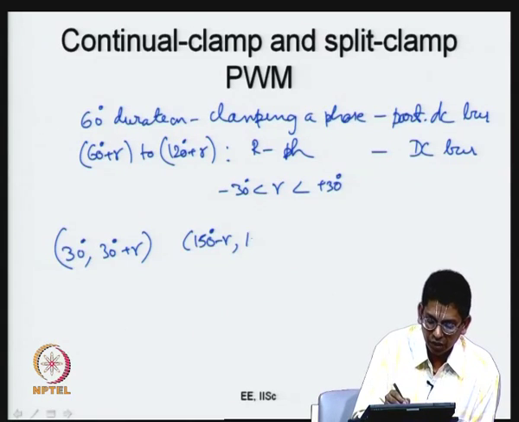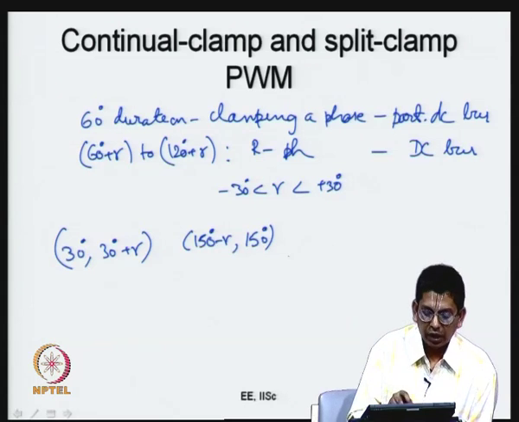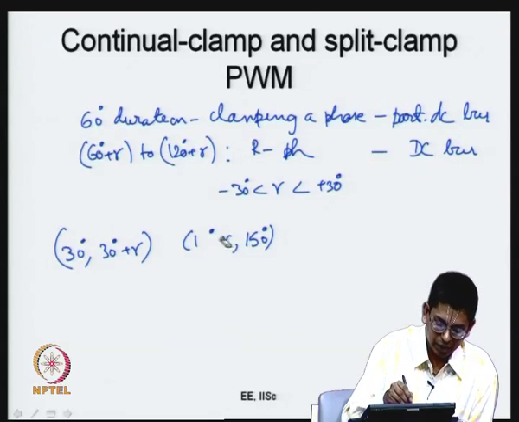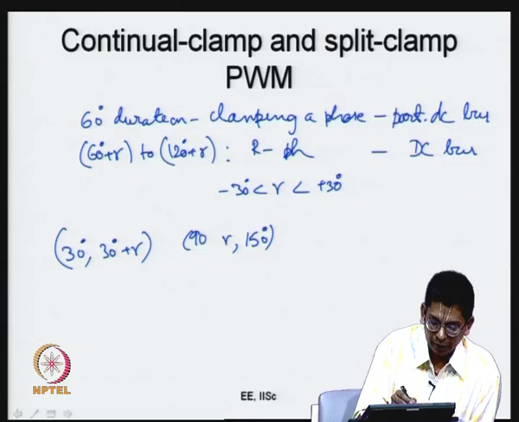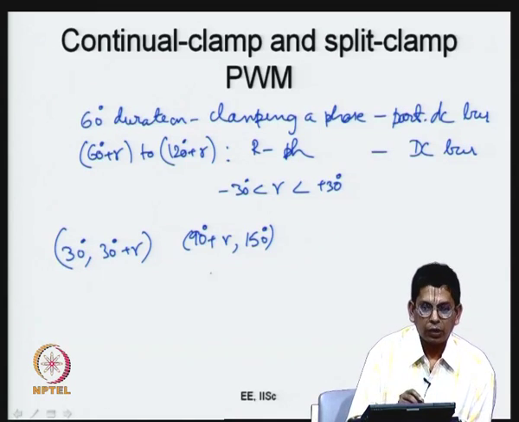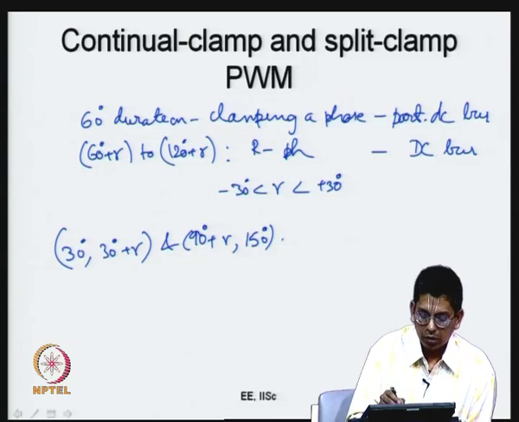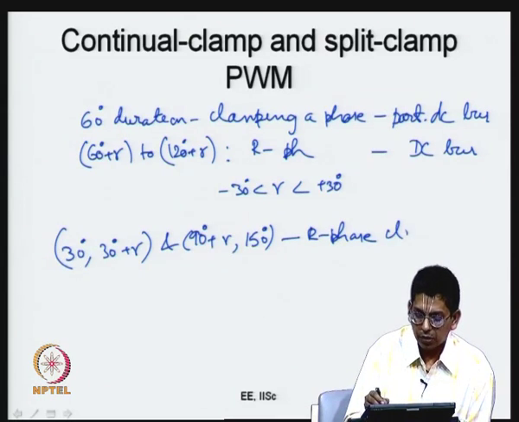This duration ends with 150 degree, and this is for a 60 minus gamma. 150 minus of 60 minus gamma is actually 90 plus gamma. So, this is 90 plus gamma. So, this is the duration for which it is clamped. So, for this R phase is clamped to positive DC bus.